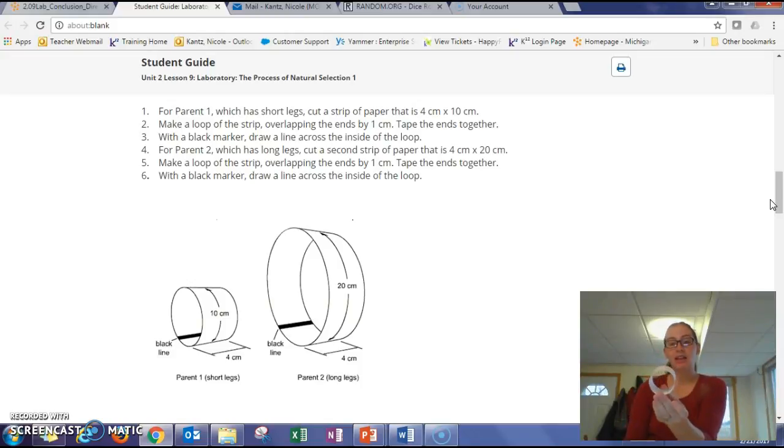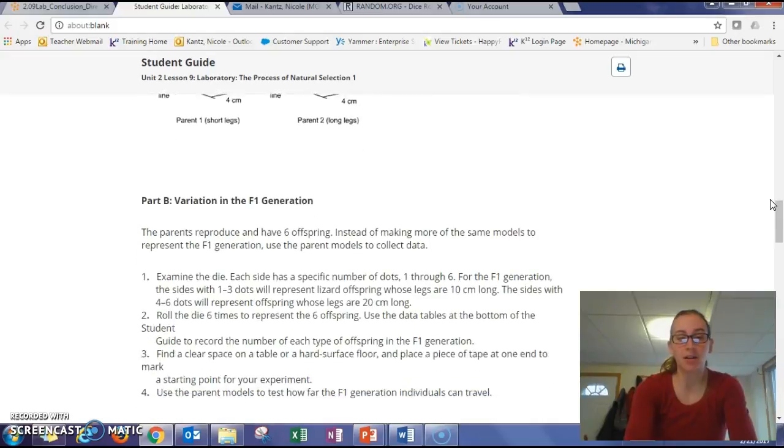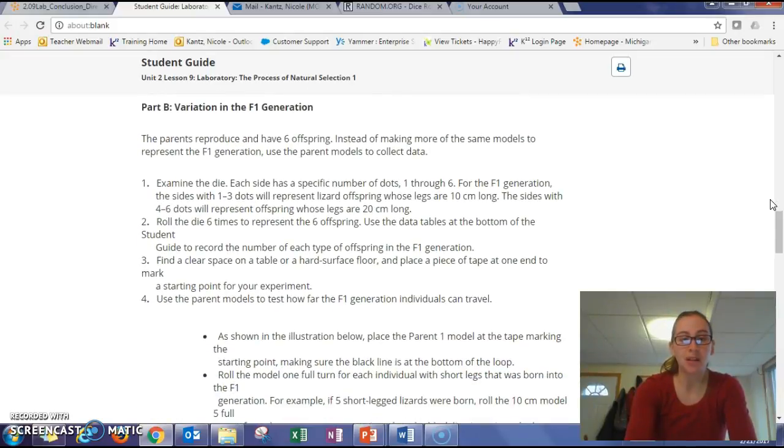So I drew a line, which you guys probably can't see very well, in the center. You're going to be using that black line for your experiment. So then you have your 2 lizards all connected, and you're going to move down to the second part, part B.